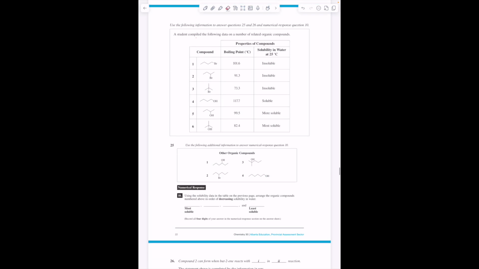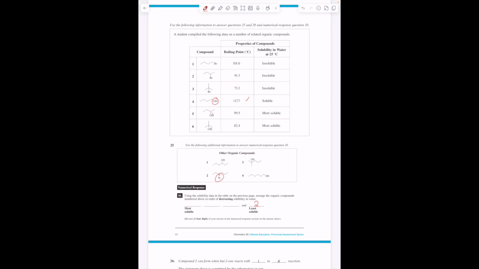Well, look, we notice with solubility here, all of these, the BRs, are not soluble. So that has to be the least. So number 2 is the least soluble. Okay, good. And then what I notice here is when OH is on the end, it has the highest boiling point.